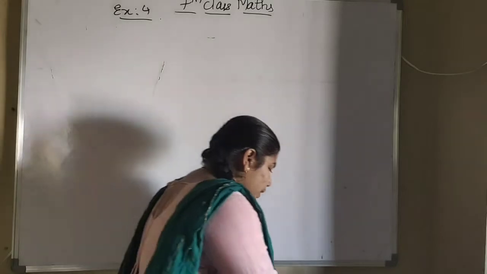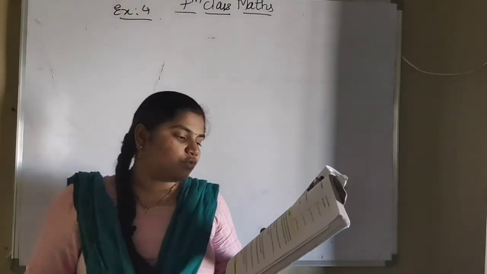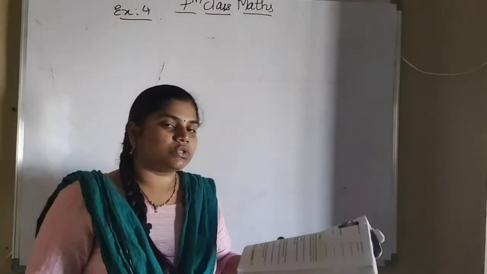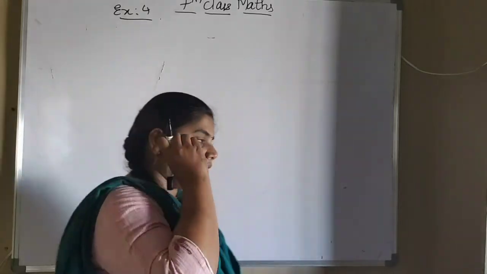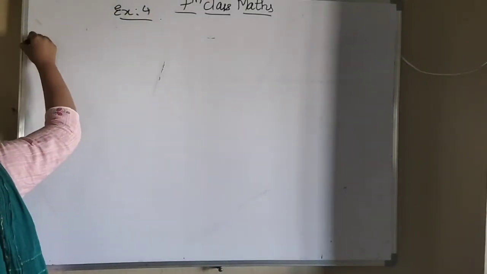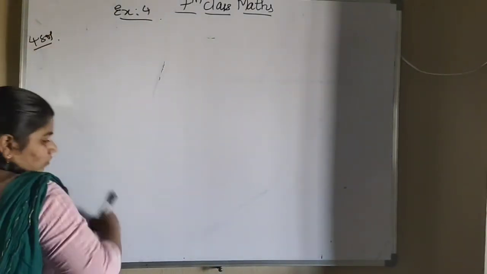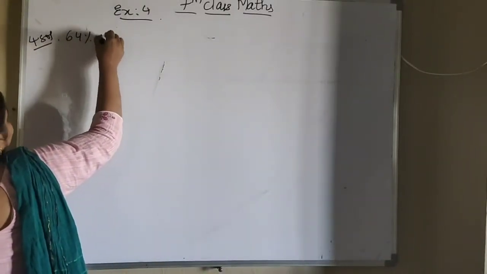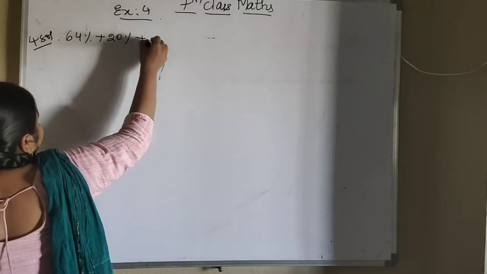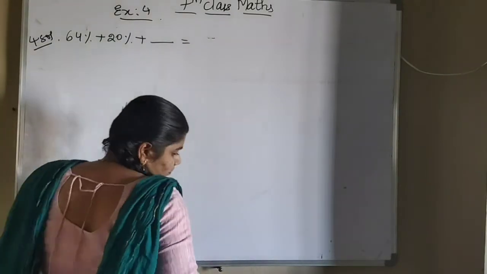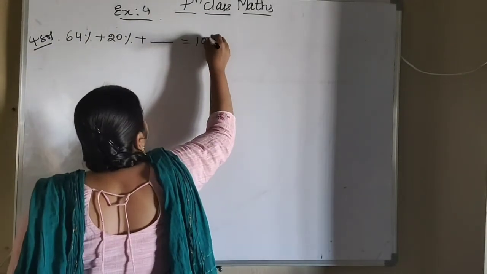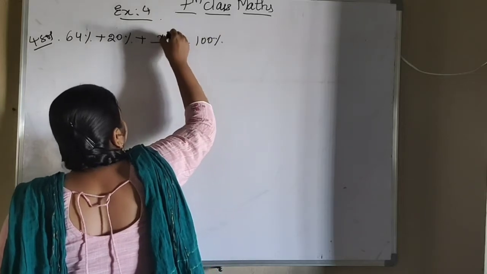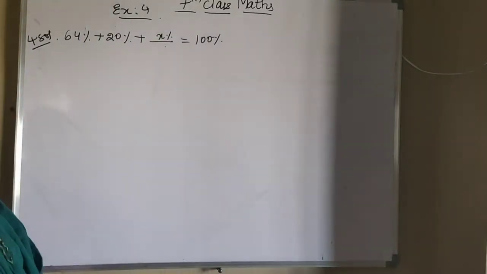So what is the fourth one? 64% plus 20% plus blank is equal to 100%. We have to fill that blank. So what is that? This blank value we don't know, so I am taking it as X%.